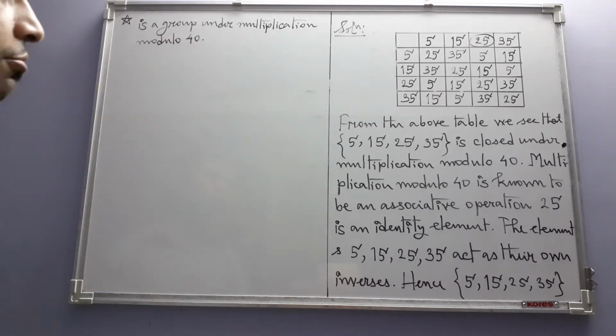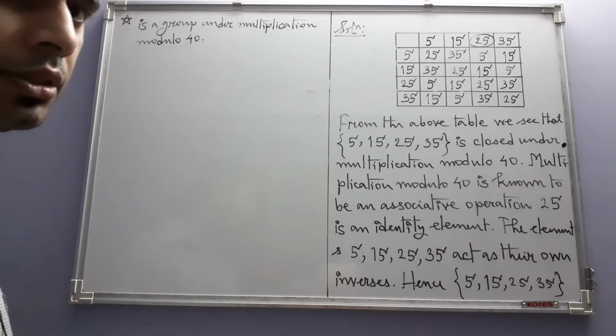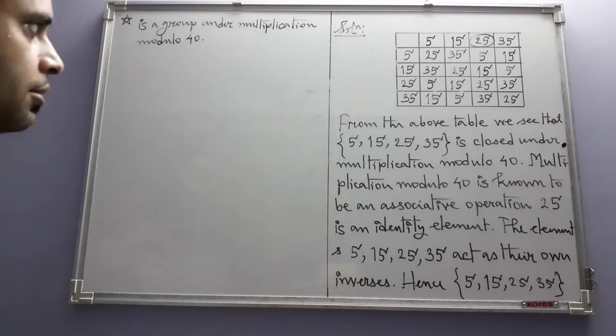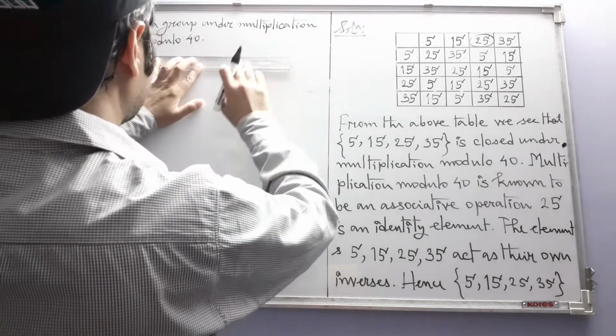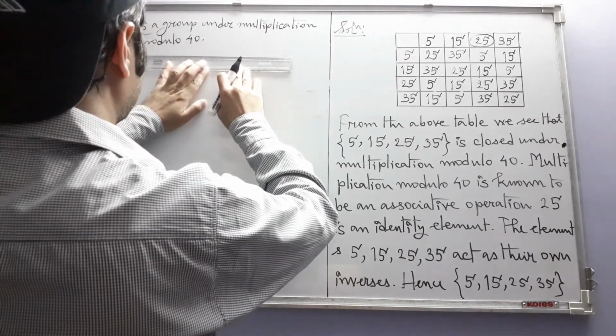Okay, now just like this one, let us also form the composition table for U8 and try to see what relationship they have.